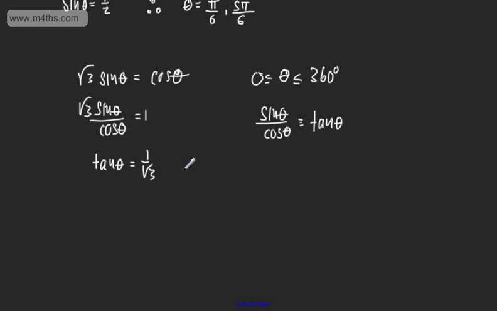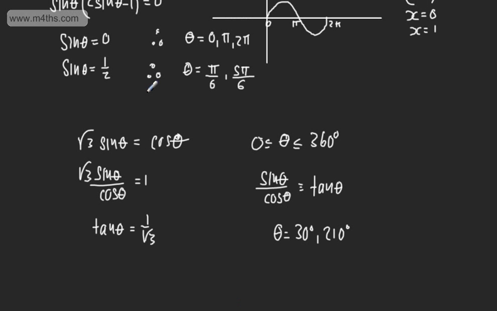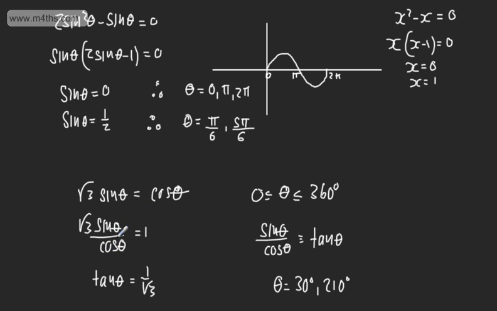Now again, that gives us our special angle, and that would give us a principal value for theta of 30 degrees, and then by symmetry 180 on, so we'd have 210 and then nothing else. So that's the difference between dividing through and losing solutions and rewriting a trig identity.